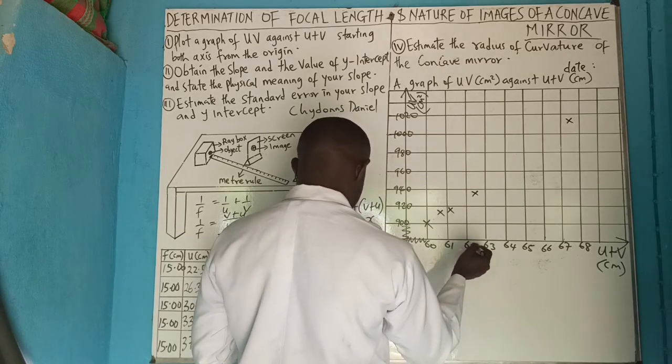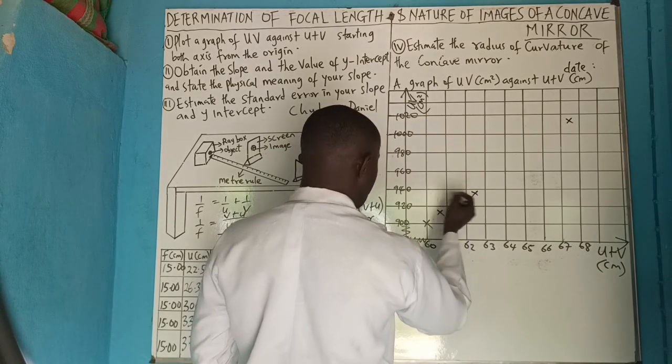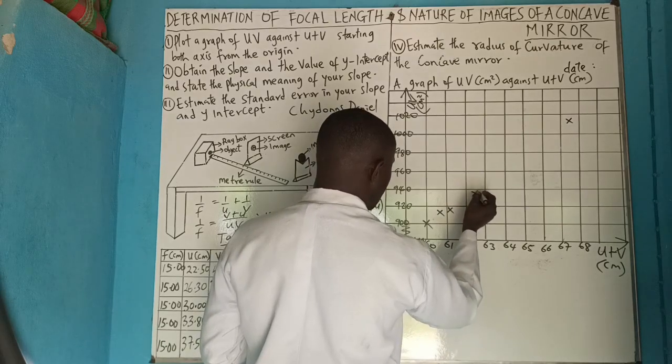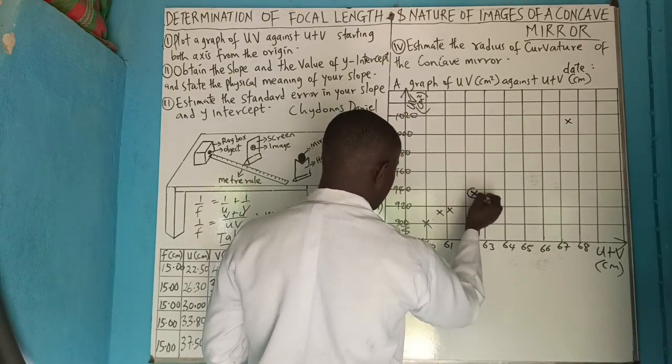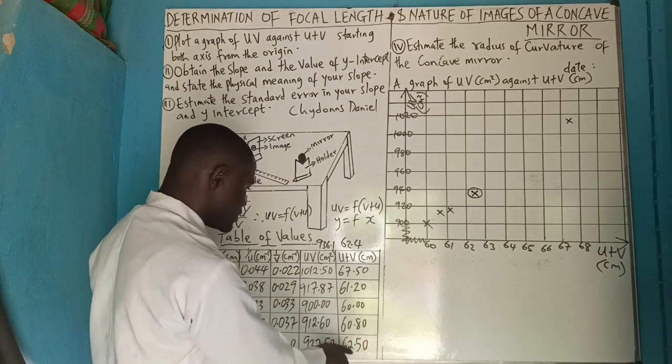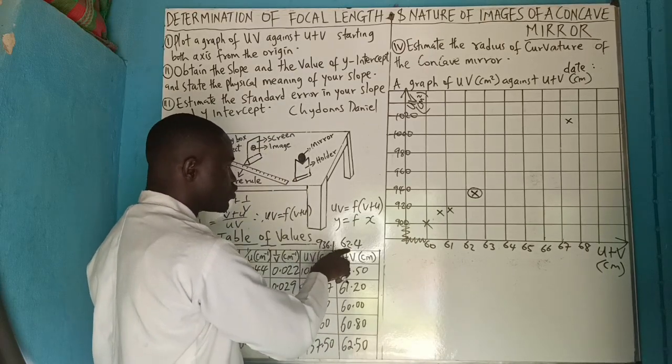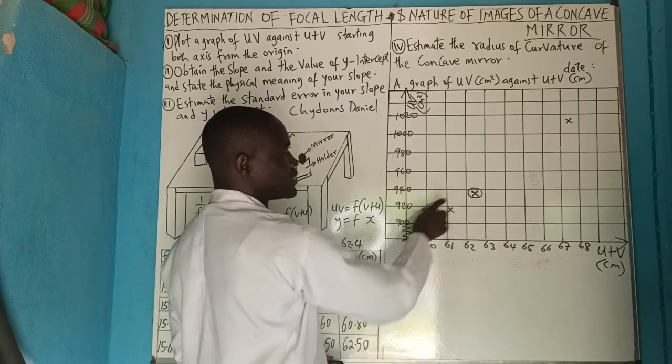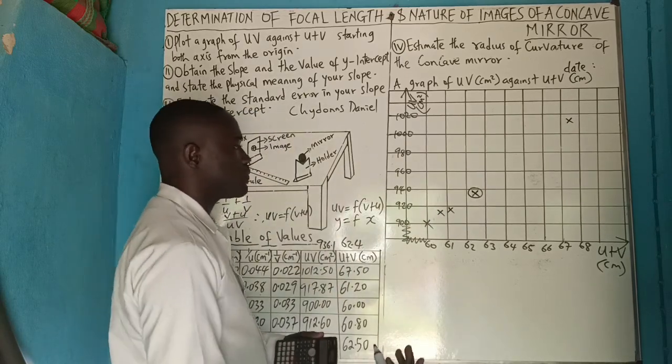That's 937 against 62.5, 936 against 62.4. They intersect because they are almost close.